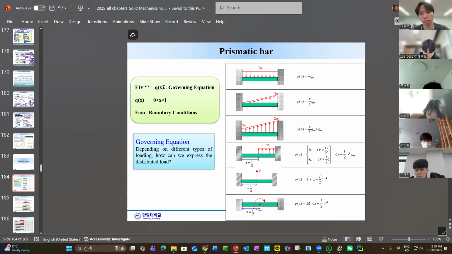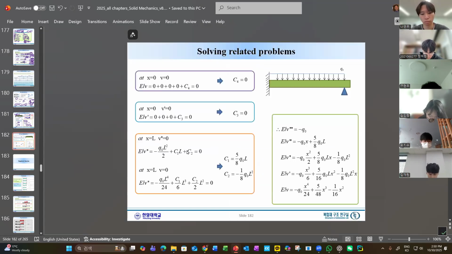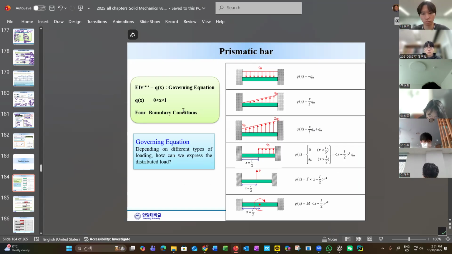And one thing again is now we got all the boundary conditions and no problems. And the one thing we need to learn more is this distributed load within this range.